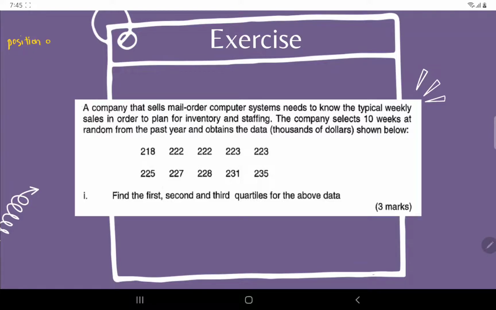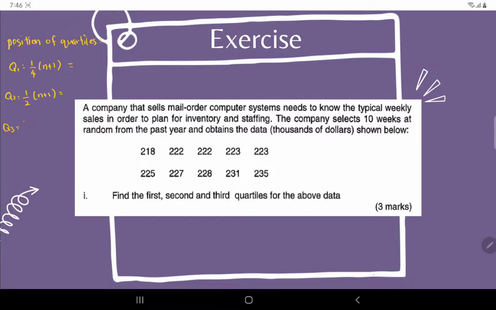Position of quartiles. This is the position, not the value. So the position for Q1 is 1/4 times n plus 1. Q2 is 1/2 times n plus 1.